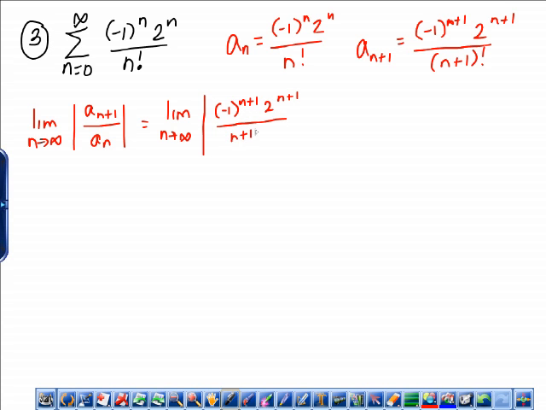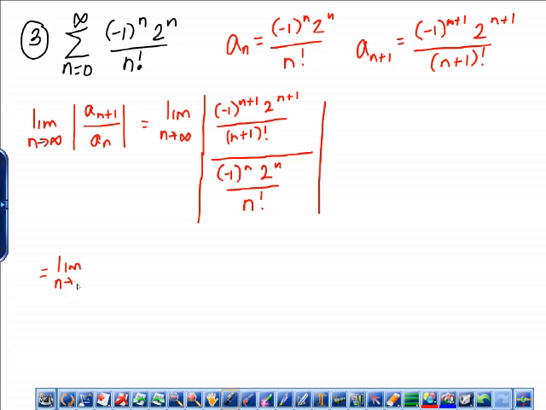And now all of that, so I really should extend this, all of that is going to be divided by a sub n. So negative 1 to the n power, 2 to the n power over n factorial. Now you have a fraction to deal with, okay? So the next thing we're going to write is just that.